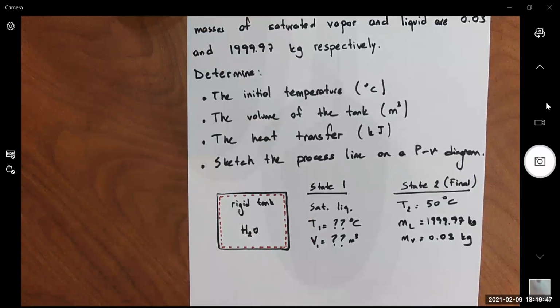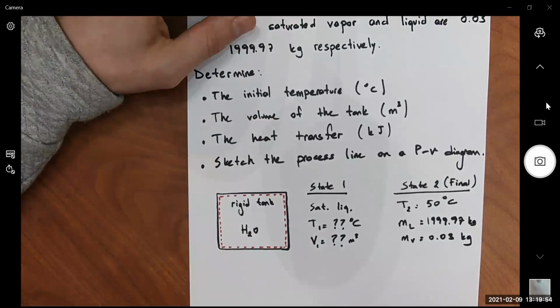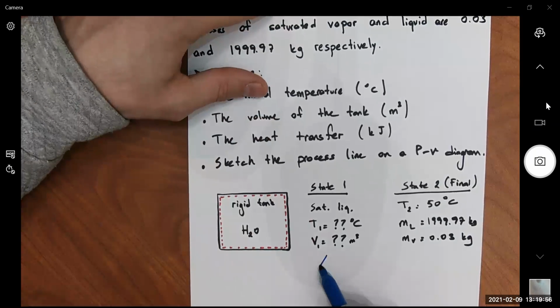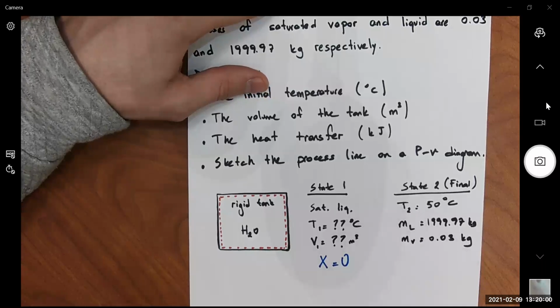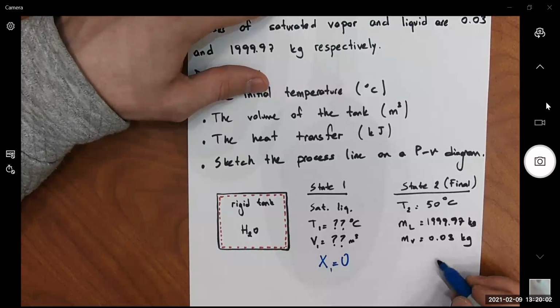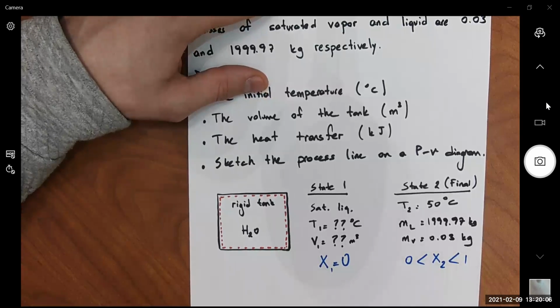Okay. So state one, my quality factor is what? 0. But at state two, it's somewhere in between because I have a mixture. All right?